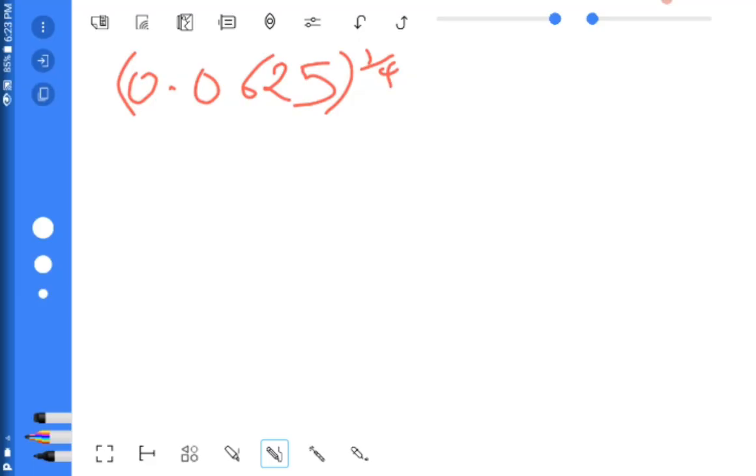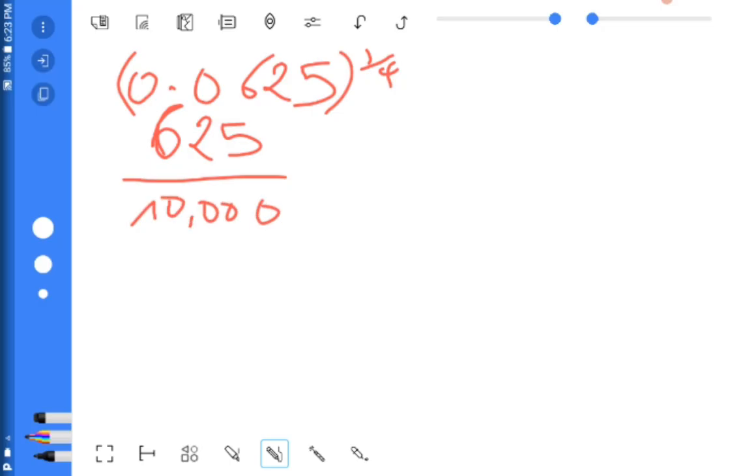You are asked to simplify 0.0625 to the power of 1 over 4. The first thing is 0.0625 is the same as 625 divided by 10,000. I hope you are fine.